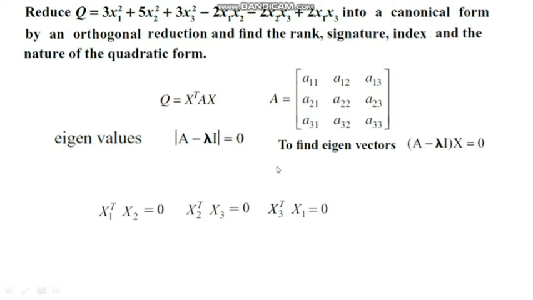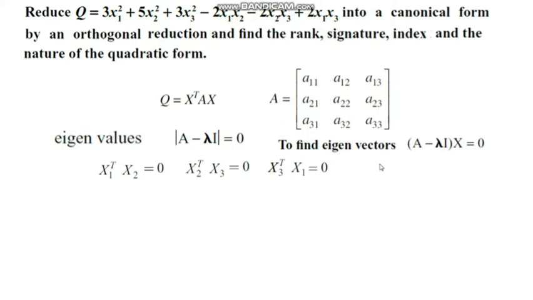Check whether those eigenvectors are pairwise orthogonal. It is verified by the dot product of those vectors pairwise. Check whether those dot products equal 0 or not. If so, you can write the normalized eigenvectors.